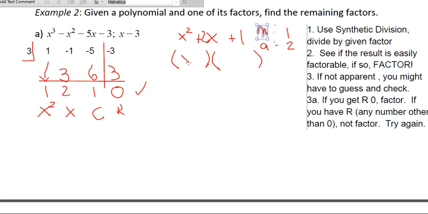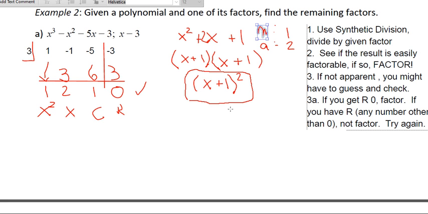Well, of course, x plus 1 and x plus 1. Multiply, we get 1; add 1x and 1x, we get 2x. So the remaining factors are x plus 1, and there are 2 of them, so x plus 1 squared.